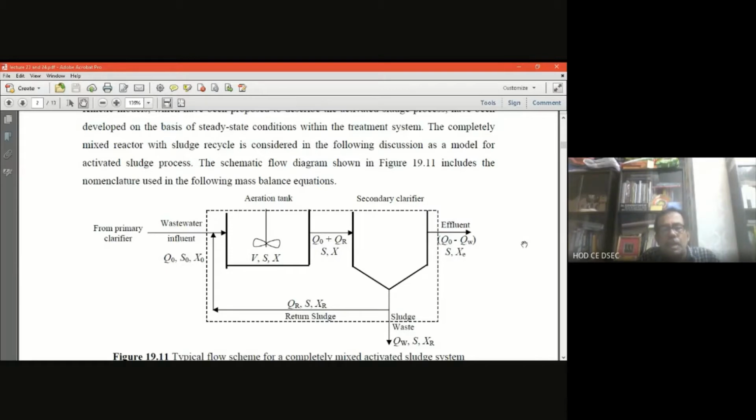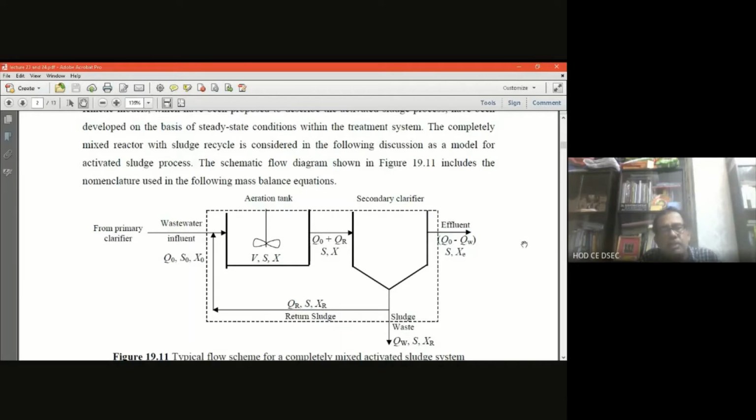And when the flow comes out from the aeration tank, that is fine. But another recirculated flow we are observing here, that is QR, which is coming into the aeration tank, and that will also come out from the system. So from the primary tank Q0 is coming, and from the sludge recirculation QR is coming. So what is the total flow coming into the aeration tank?